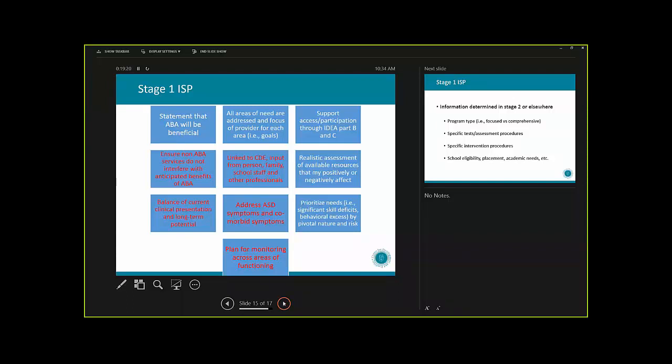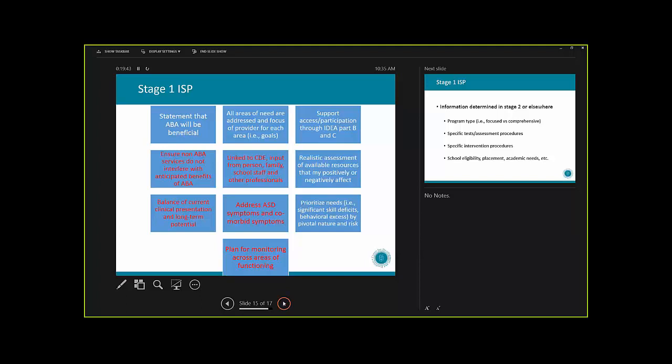For example, like address ASD symptoms and comorbid symptoms. Hopefully, if you've done a good stage 1 assessment, you're going to identify some of those things. And by virtue of having varied goals that meet all the needs of the individual, those would include ASD and comorbid. Or balance the current clinical presentation and long-term potential.